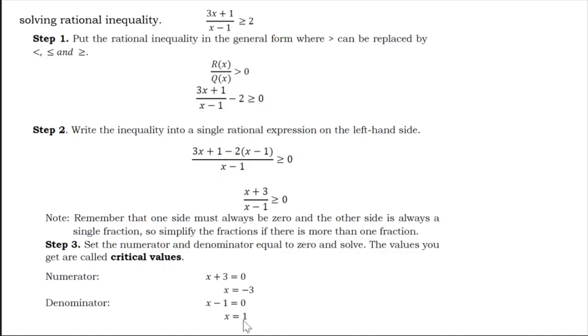So solving an inequality is much like solving a rational equation, except that there are additional steps that focus on illustrating the solution set of the inequality. The concept is about the same, but there are additional steps in solving rational inequalities.